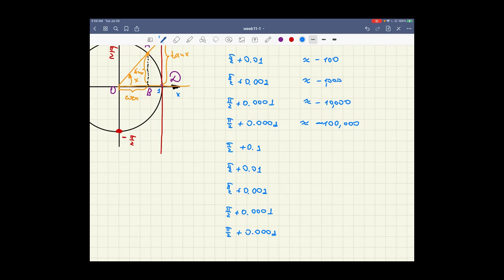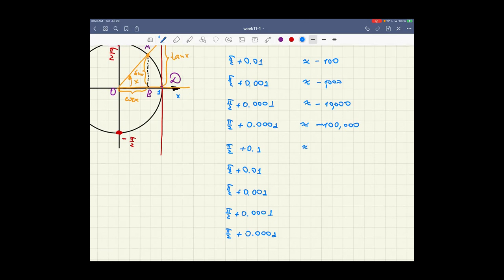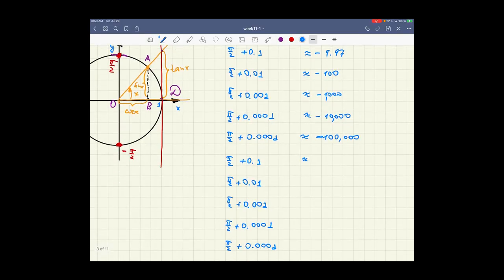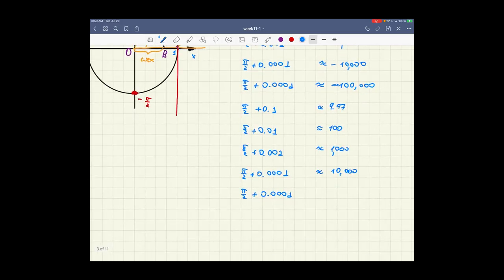So this is roughly 997. If you add another 0, this is roughly 1000. Add another 0, this is roughly 10,000. Add another 0, this is roughly 100,000.